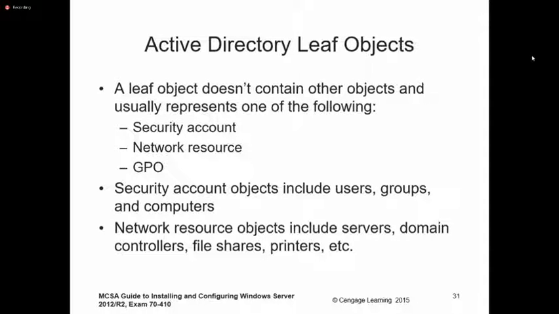Container objects, I showed you earlier. It can be an OU, a folder or a group. So they can contain other objects, right? But leaf objects cannot contain other objects. Security account objects are user objects, group objects, and computer objects, right?